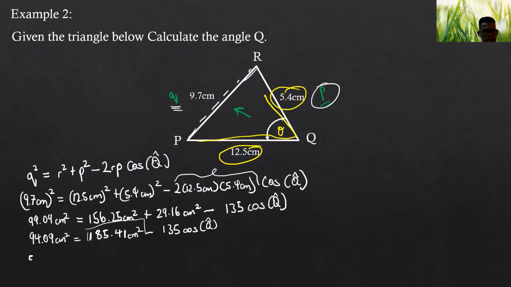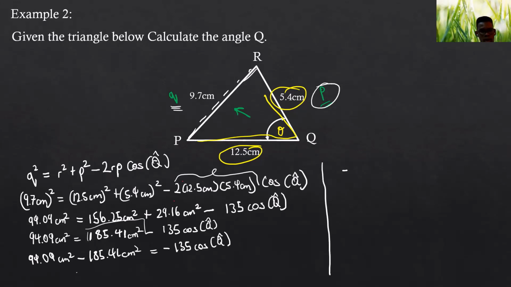You're left with 94.09 cm squared subtracted by 185.41 cm squared, equal to what's left on this side, which is the minus 135 cos Q. Now we can do this subtraction: 94.09 subtracted by 185.41, and this is negative.